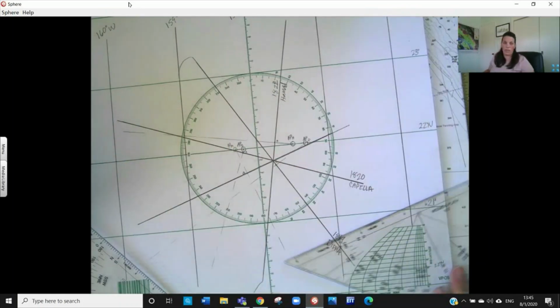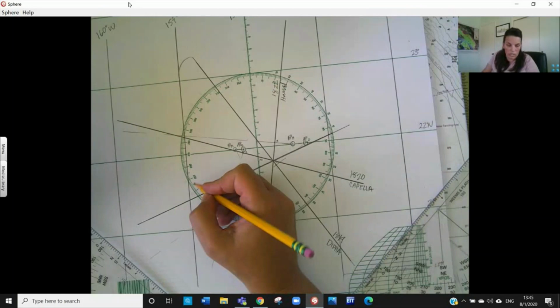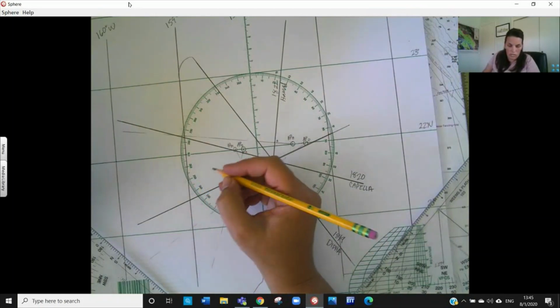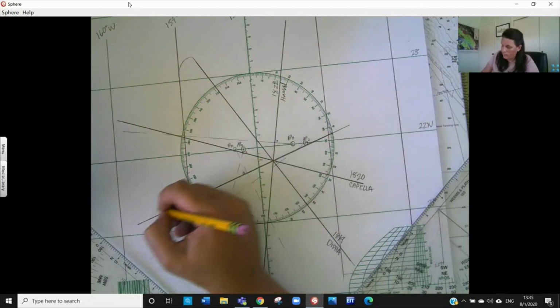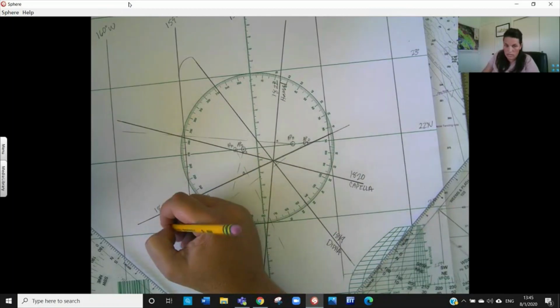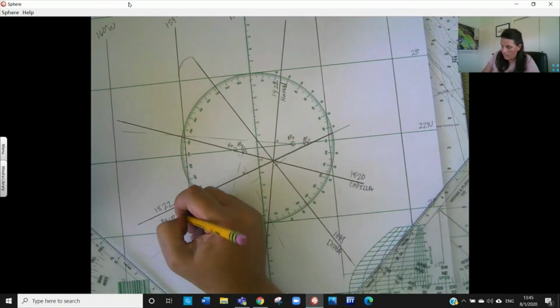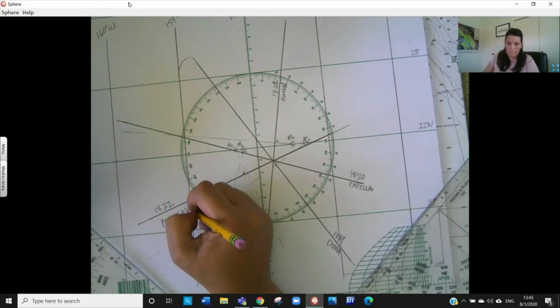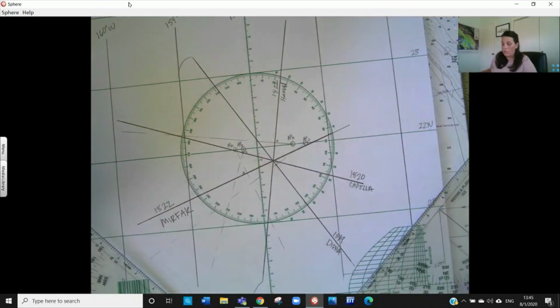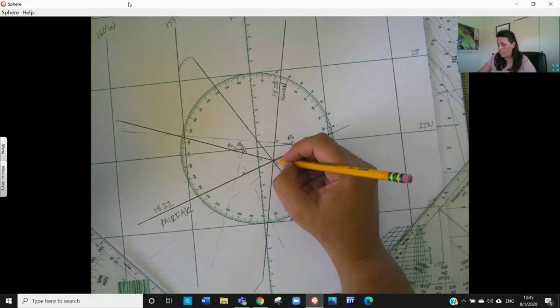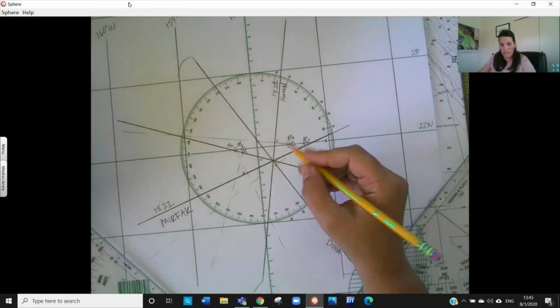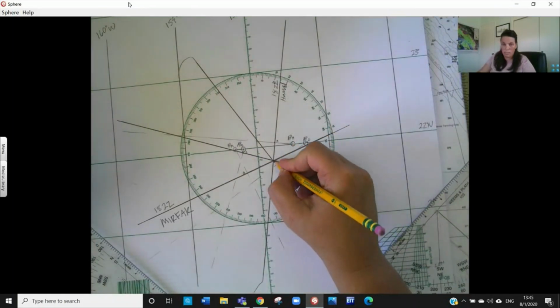And we have all of them crossing, which is great. So this was 1822, and this was Mirfak. So now I don't even have to guess. I have all four of my lines crossing at one pinpoint.